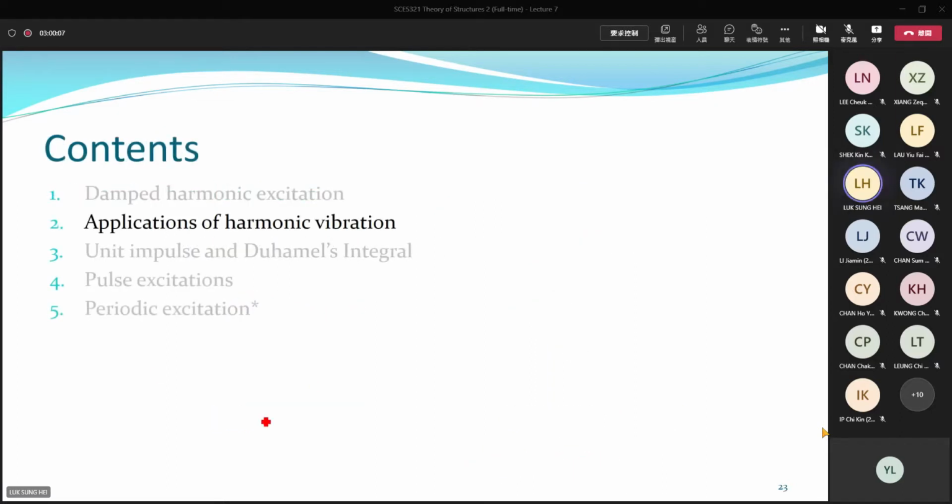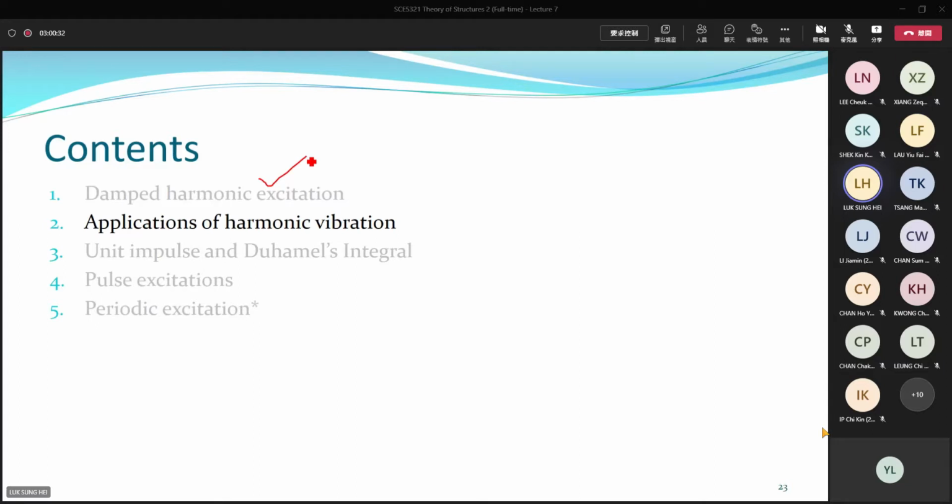So now we know how a structure oscillates under a sinusoidal force. In theory, for structures under a cosine force, they behave in the same manner. We also know how to find out the displacement response at steady state. We discussed the effect of frequency, the effect of damping ratio, etc.